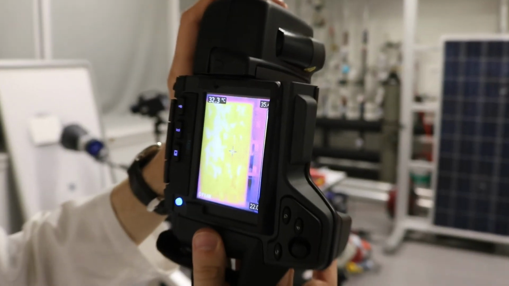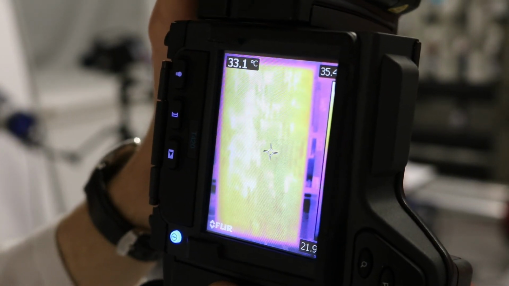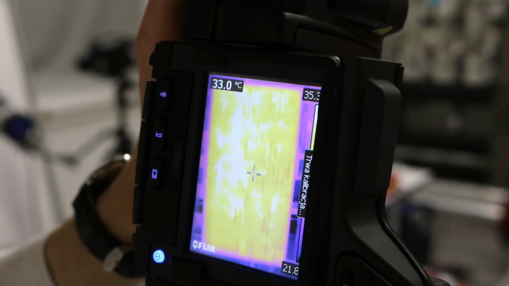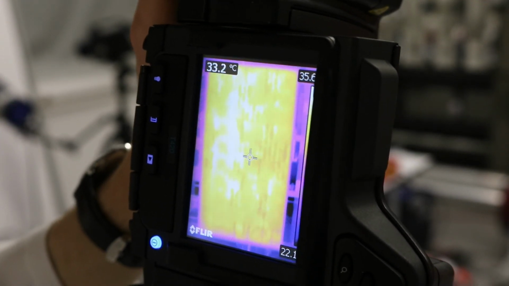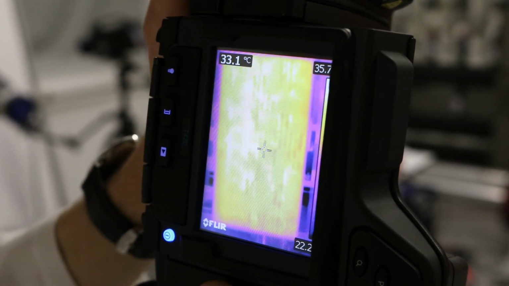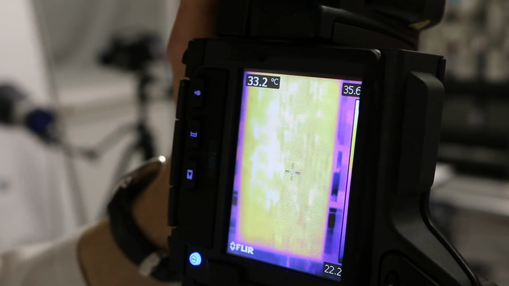Thermography is also a good technique for PV module diagnostics. It's for sure faster than electroluminescence, but it has some disadvantages, of course, as does electroluminescence.